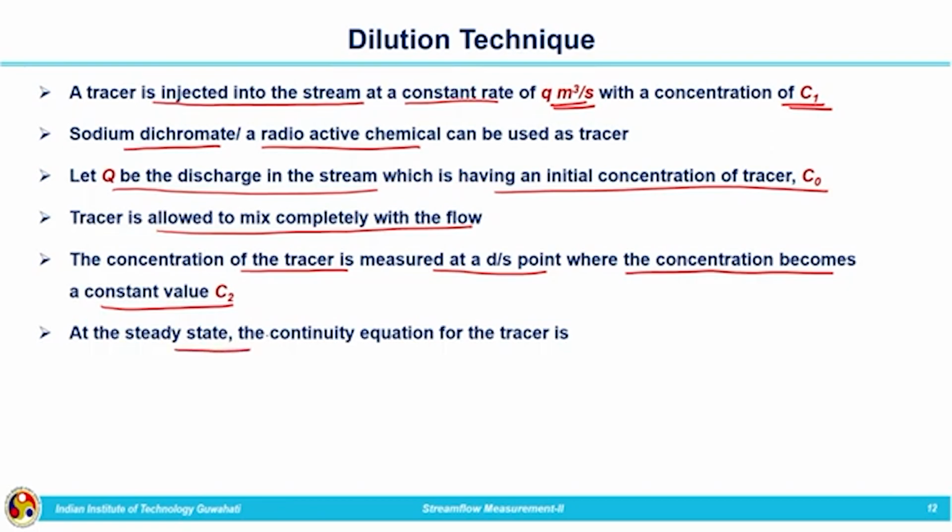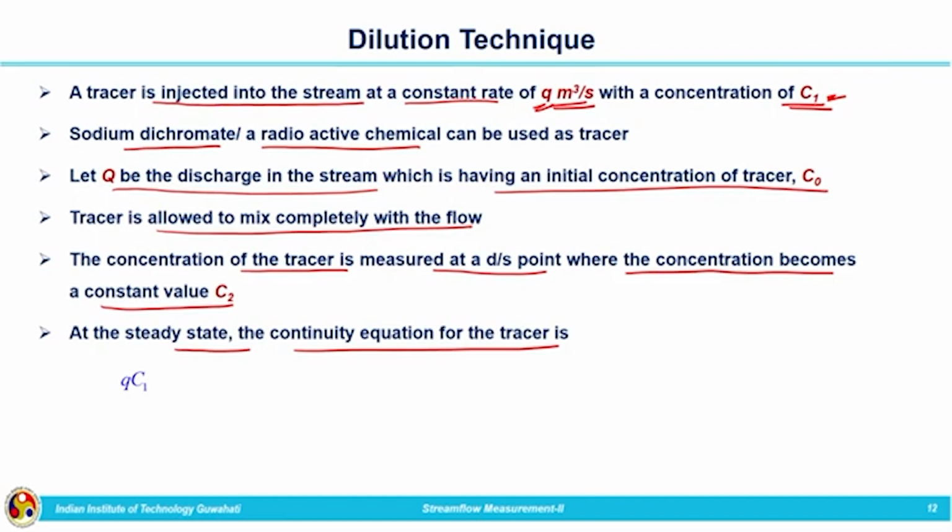And at the steady state, we will make use of the continuity equation for the tracer. The continuity equation can be written as qC1, that is q multiplied by C1, the amount of tracer added. The rate at which the tracer is added is small q and the concentration is C1.